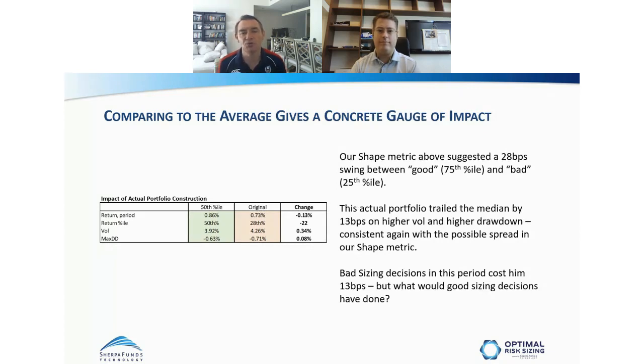So the 28th percentile, from the 28th to the 50th, there was a spread of about 13 basis points? That's right, yeah. So with your selection and your scoring and your shape, your sizing ended up costing you about 13 basis points on this portfolio to the kind of average, to what you should have been able to do without any clever stuff, right?